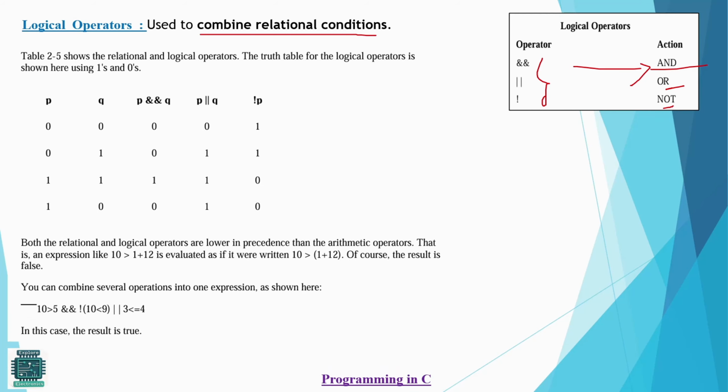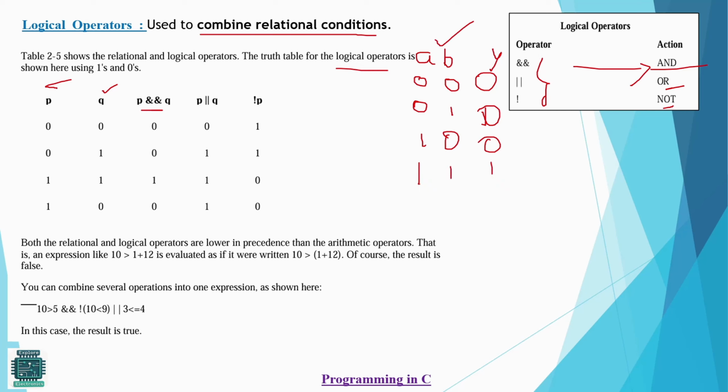And here in this table it shows the relational and logical operators, meaning the truth table for logical operators, with p value and q value. You know the AND truth table, right? AND is nothing but a multiplication. If 0 0 means 0, if 0 1 means 0, if 1 0 means 0, this is A and this is B and this is Y, and if 1 1 means 1.